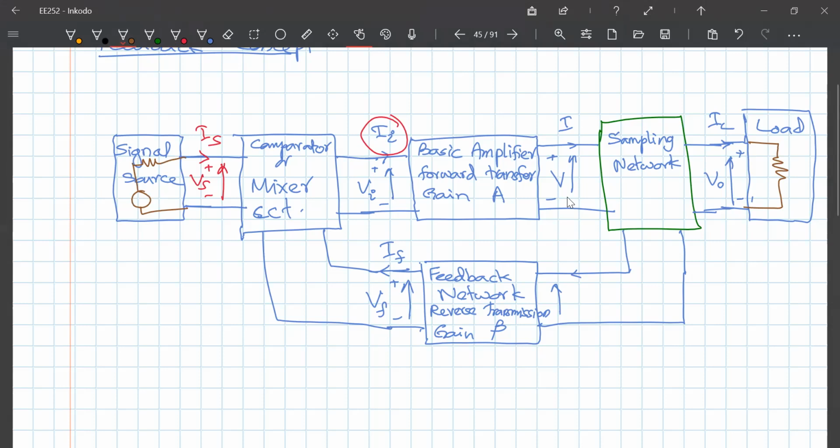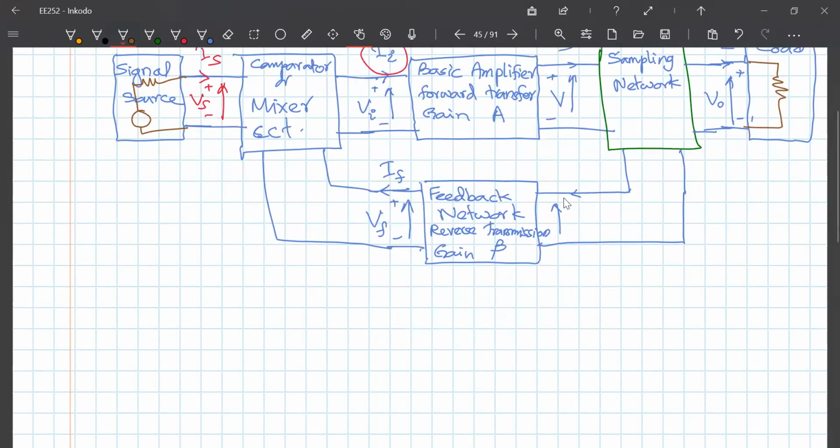It doesn't really matter. The good thing about this is we don't really care what is inside each of these things, especially inside this amplifier. It can be a very complicated amplifier. It can be a single stage common emitter amplifier, two stage or three stage or multi stage amplifier, or it can be an op amp, whatever it is. So this is basically a more general concept than that.